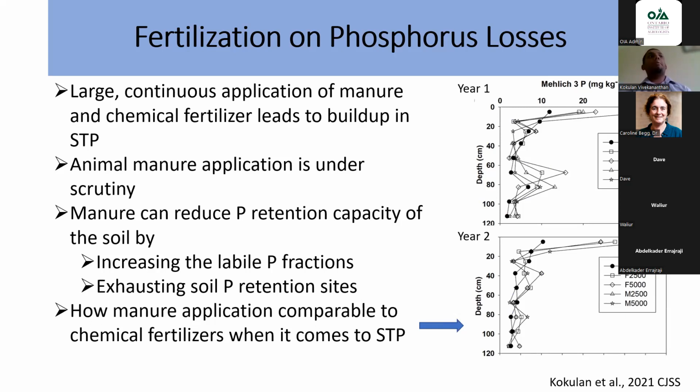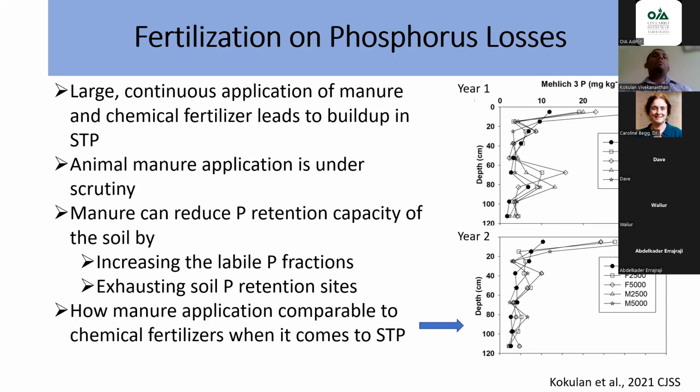As you may be aware, the pork industry is one of the large industries in the Western Hemisphere, and most of this swine manure is applied to croplands. The manure can reduce the phosphorus retention capacity of the soil by increasing the labile phosphorus fractions, and also by exhausting soil phosphorus retention sites by chelating with aluminum or iron oxides.